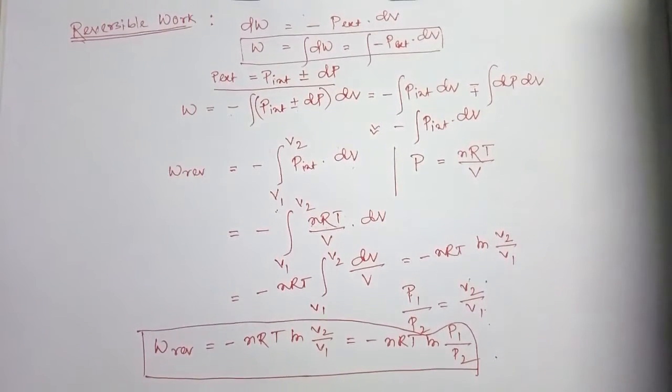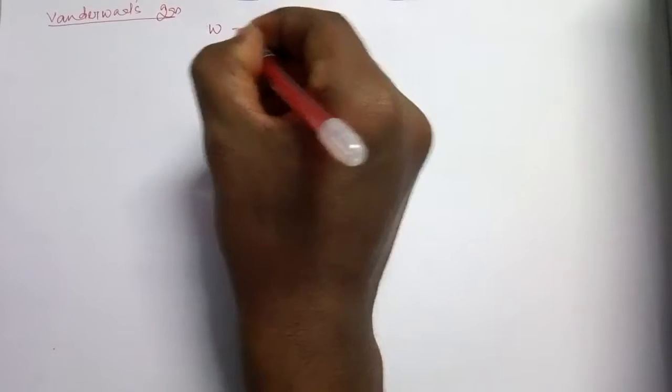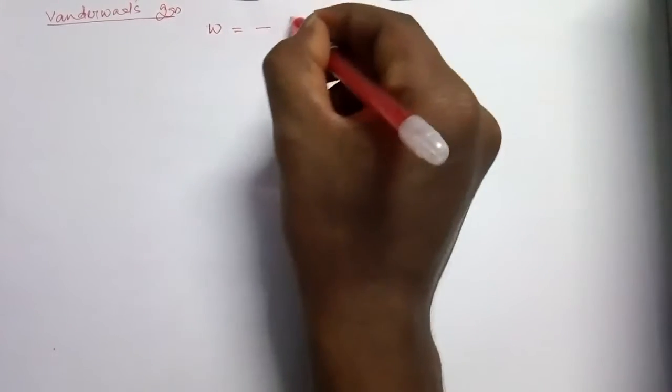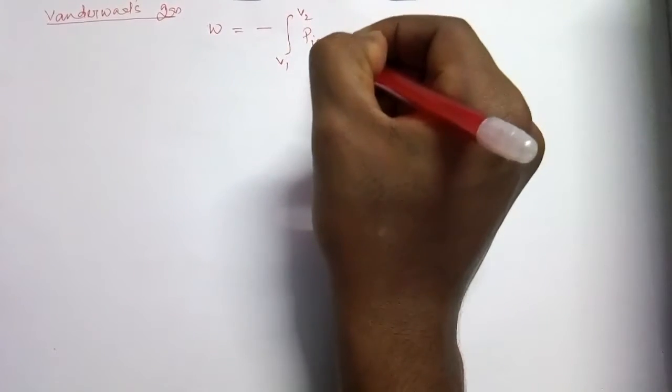If we take a van der Waals gas, then what will be the expression? Now for a van der Waals gas, we have W equal to minus the integral from V1 to V2 of P internal into dV, right?